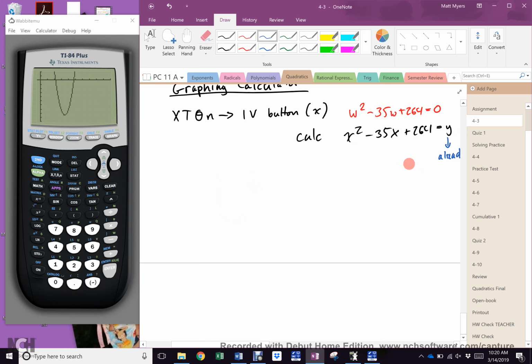So once we've graphed, we may need to adjust our window. But eventually, you will get a graph. Everyone cool? That's where we are right now. What are the values we care about? We care about those values right there, yes? The roots of the equation.